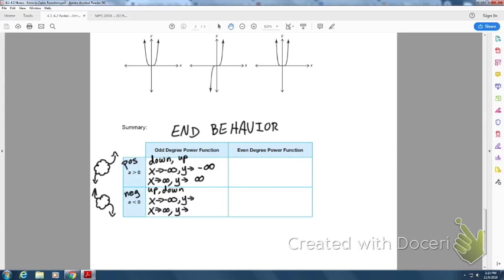So as x goes to the left, if this is going up, y is approaching what? Positive or negative infinity? Positive. As x goes to the right, y is approaching what? Negative infinity. So get that one written down.